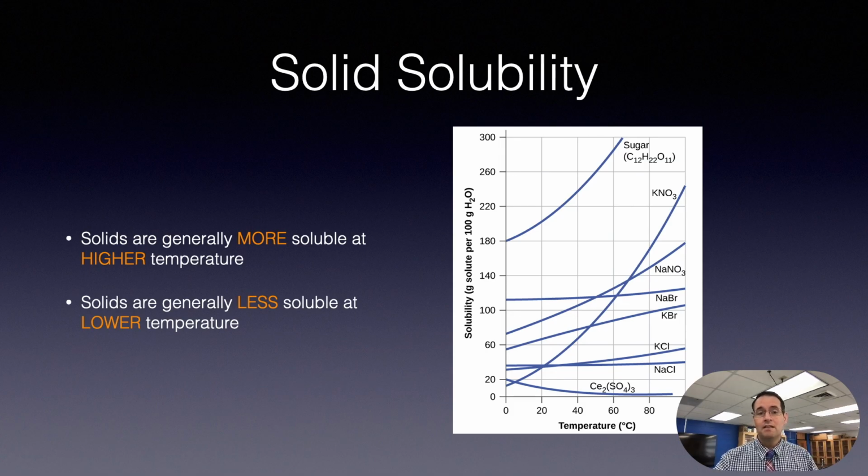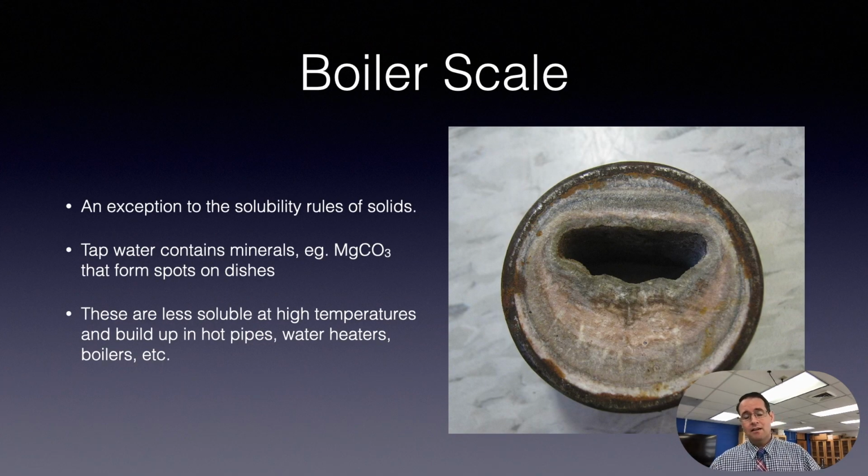All right. There is an exception, and I like talking about the cool stuff, so here we are, one slide here for my own benefit, I guess, and for yours as well. We have this thing called boiler scale, all right, and it's an exception to the solubility rules. Now, you know tap water contains minerals, and that's why you get the spots on your glasses and other glass dishes when you do dishes and you don't dry off the water, okay?